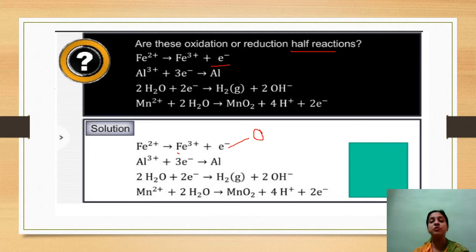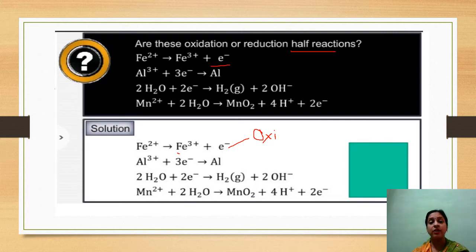Obviously क्योंकि इसमें जो है बच्चे क्या हो रहा है आपका रिलीज ऑफ इलेक्ट्रॉन हो रहा है, so obviously it will show a oxidation reaction. ठीक है.